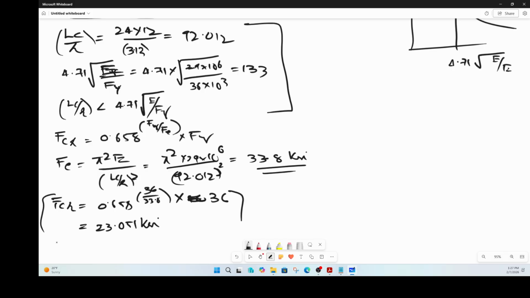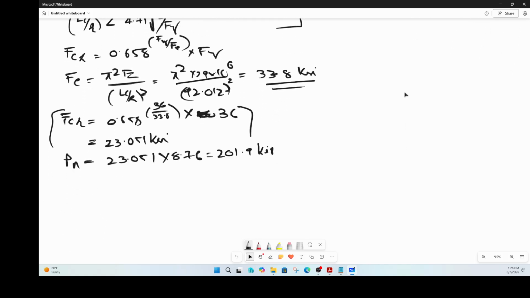What do you do with the critical stress? If you have to find your nominal capacity, you take your critical stress 25.051 and multiply with the gross area of the cross section, which in this particular case is 8.76. So times 8.76 gives us 201.9 kips as your nominal strength.